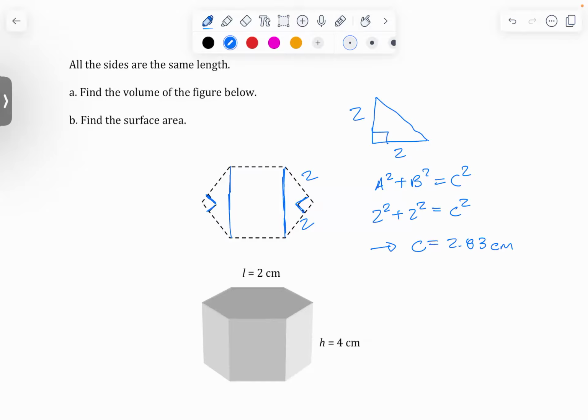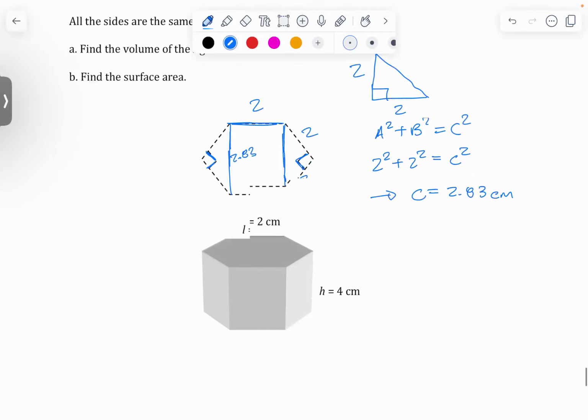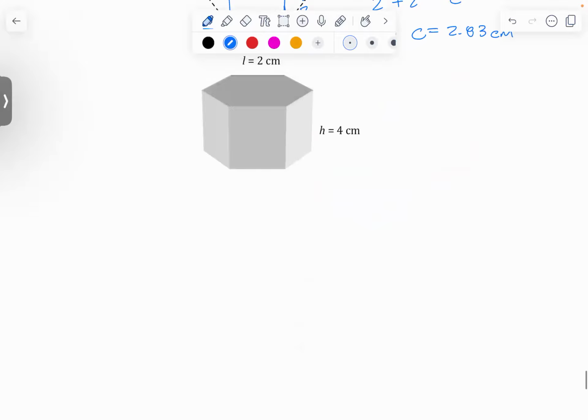Now that's helpful to me because since I identified my hexagon as triangles and rectangles, I know that this distance across is 2, but this height I did not know, but now I know it's 2.83.